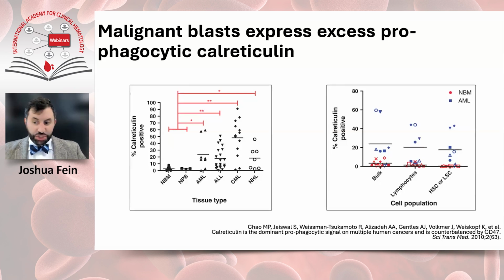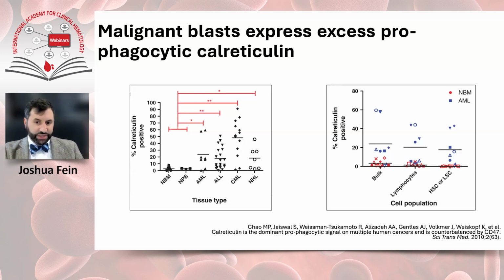One of the rationales for that comes from another paper that was published the following year, where it was observed that these malignant blasts actually express excess calreticulin on the surface. Calreticulin obviously has a lot of different roles in hematology, and we're used to thinking of it in terms of the mutations that can develop in myeloproliferative neoplasms.